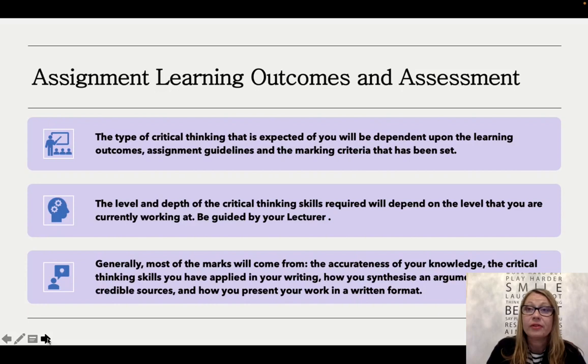The level and depth of critical thinking skills will certainly depend on what level of study that you're working at. So the requirements for a level 4 student, for example, typically in the first year, will differ to those working at level 6, moving through to usually the third year. And it's important to be guided by your lecturer as well. What you'll notice in your sessions, your lecturers really will be developing those critical thinking skills without perhaps necessarily explicitly saying that they are.